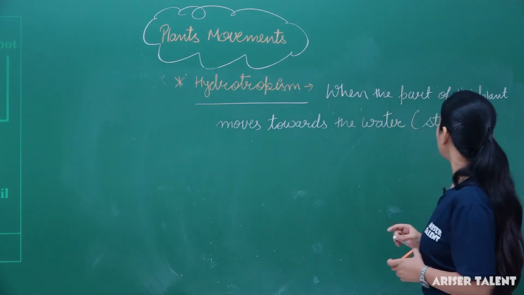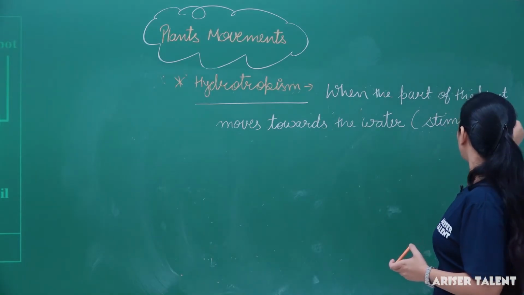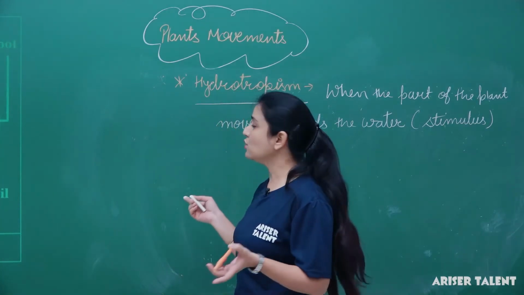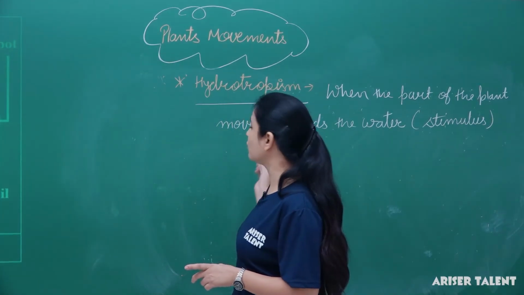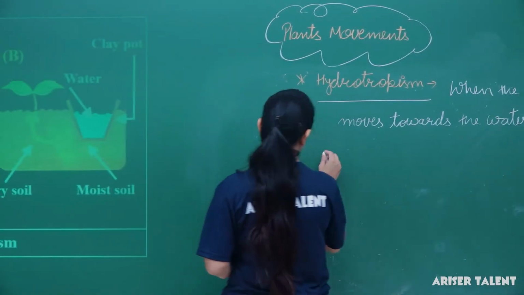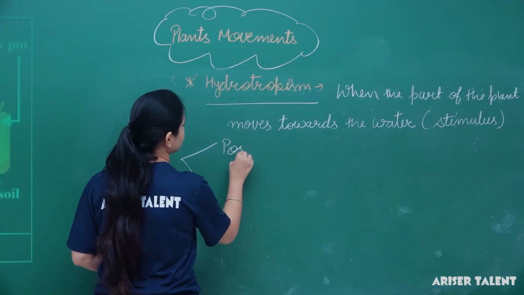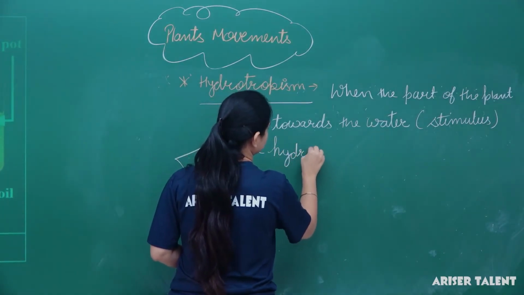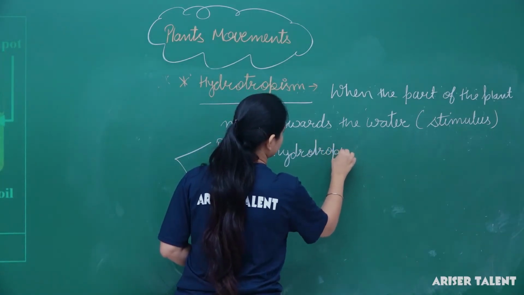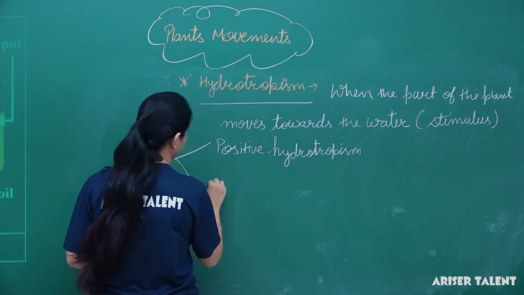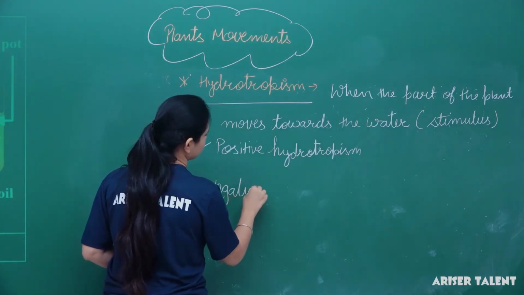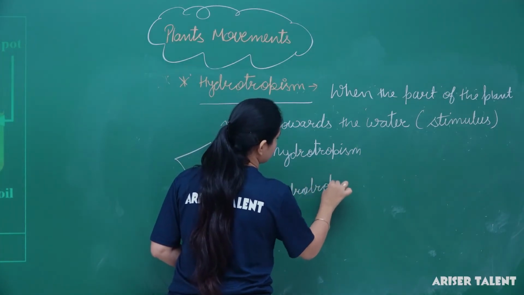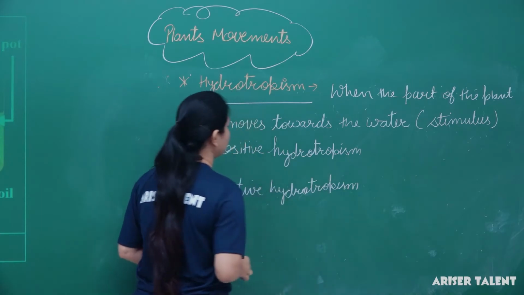Okay, so when the part of the plant moves towards the water, this hydrotropism is also of two types: positive hydrotropism and negative hydrotropism. The same condition is there.